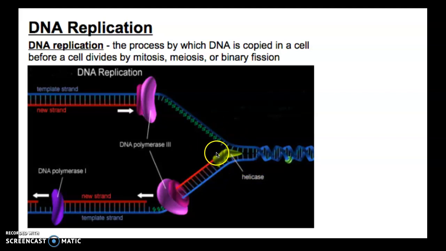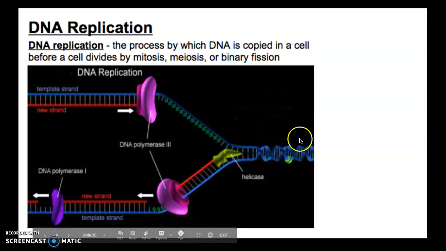So an enzyme comes along and literally unzips, unwinds the DNA, breaking the leading strand and the lagging strand. Okay? So here's the process of DNA replication. It is the process by which DNA is copied in a cell before a cell divides by mitosis, meiosis, or binary fission from chapter 8.